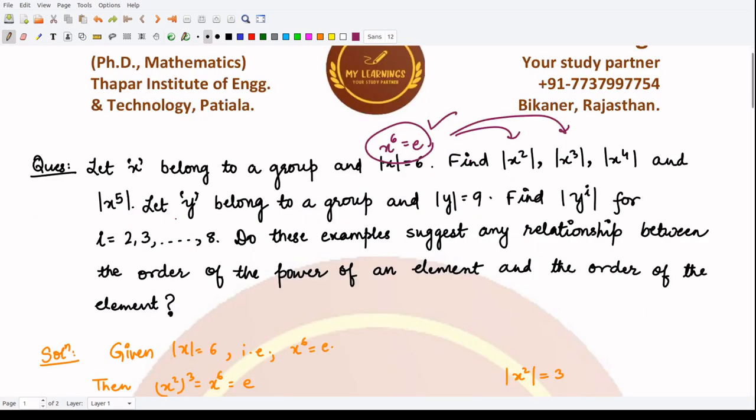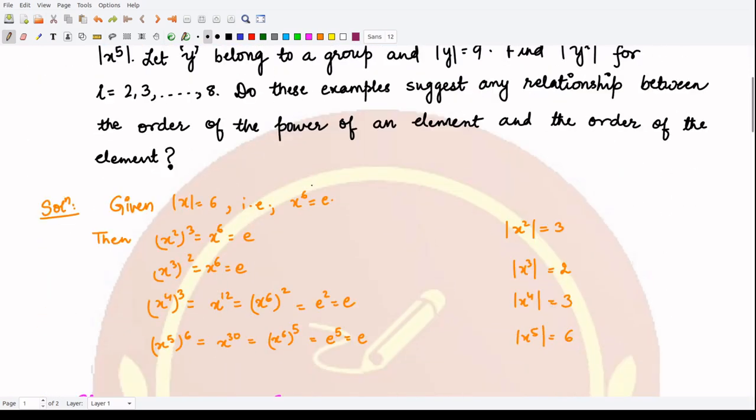So let's start with this. It is very simple to calculate the order of x square. Why? Because when you raise x squared to the power 3, you have the power as 6 because 2 is multiplied with 3, and we already know x raised to power 6 is e, so this becomes e.